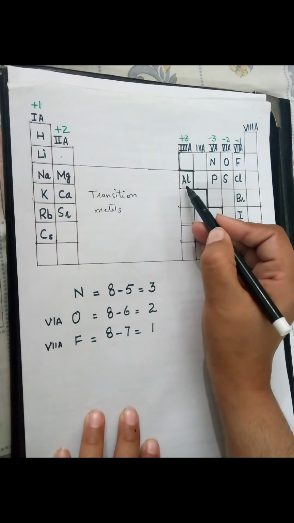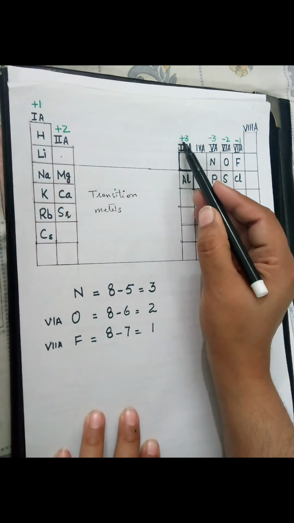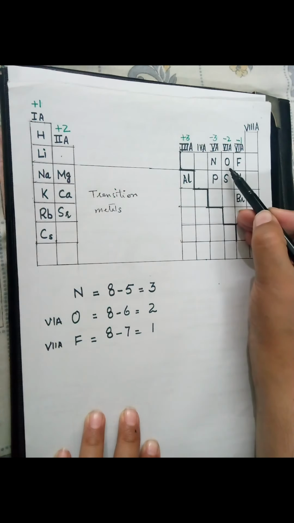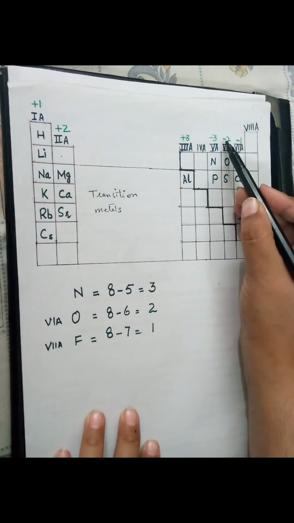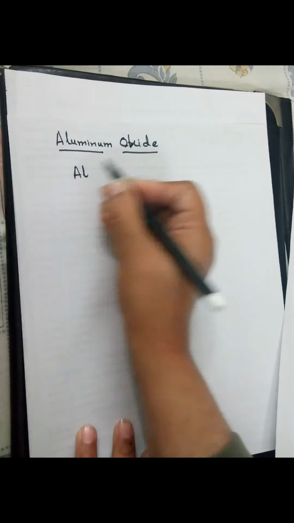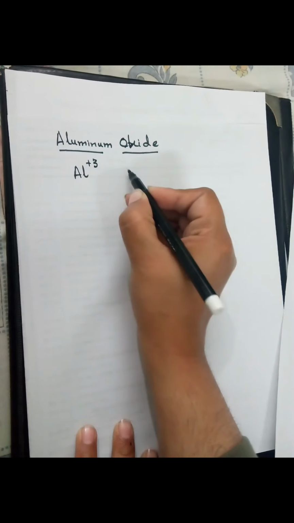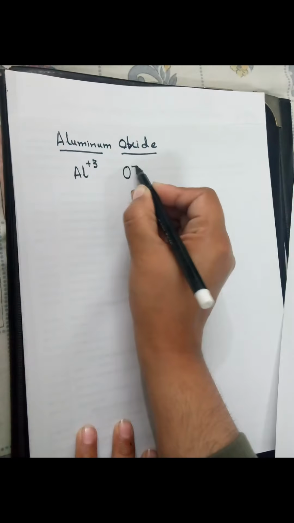Aluminum is in the 3A group and has positive 3 charge, and oxide, oxygen, is the same. It contains negative 2 charge. Okay, aluminum positive 3, Al positive 3 and O negative 2.